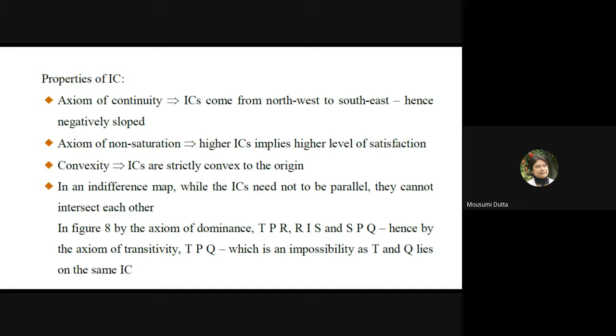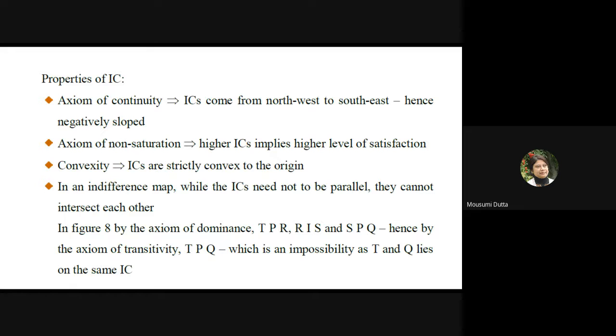The second property is the axiom of non-saturation, implying higher indifference curves mean a higher level of satisfaction. The axiom of non-saturation is more is better. Then the convexity axiom gives that ICs are strictly convex to the origin.